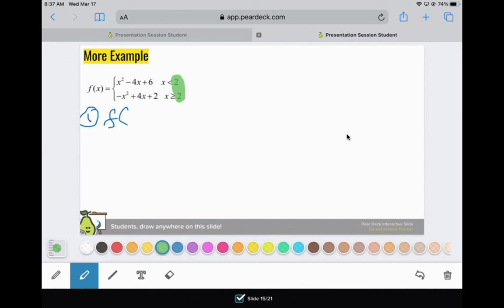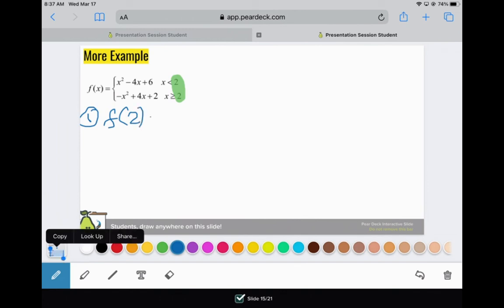F of what? F of 2, right? The restriction tells you the values that I'm going to test out. So f of 2.